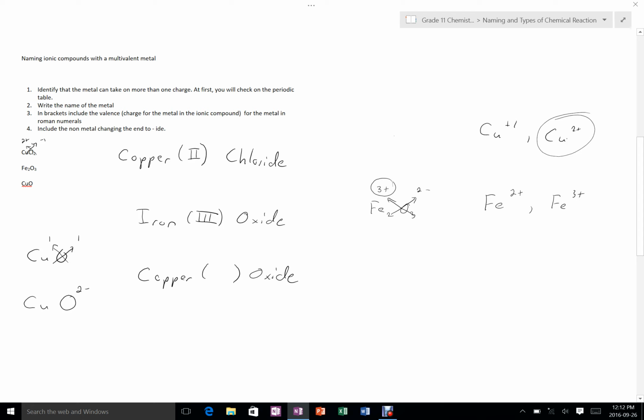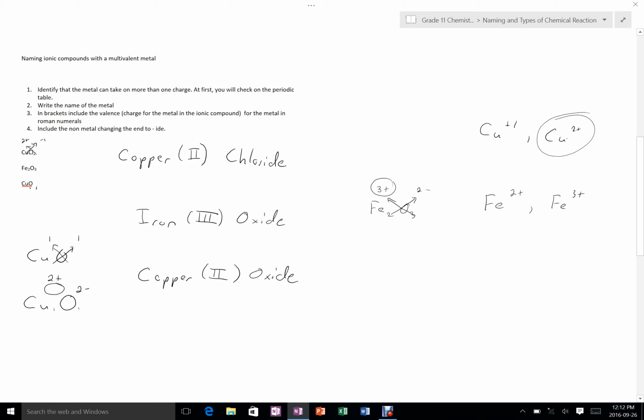And what I know is it ended in a 1-to-1 ratio. So if I imagine reversing my crossover, what number must have occurred up here to get back to a 1-to-1 ratio? Hopefully I'll recognize that it should have been 2 plus. And so this is actually copper 2 oxide.